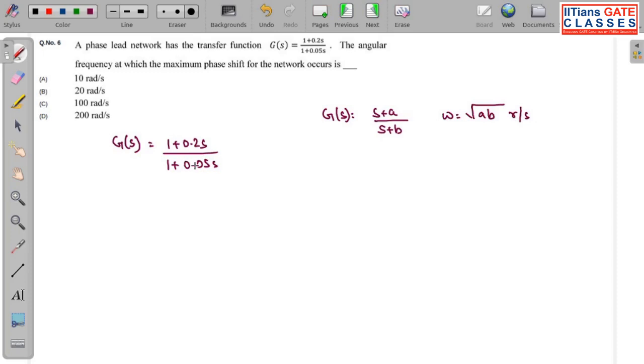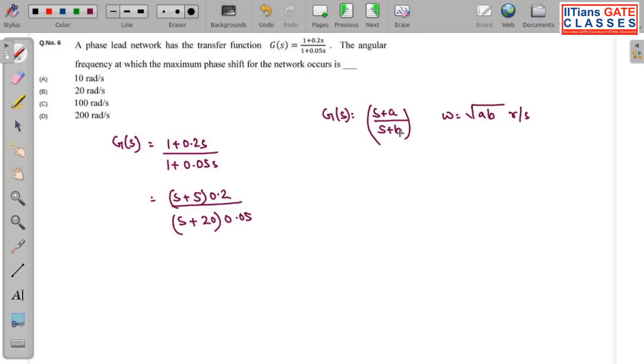So if I want to convert this transfer function into this form, what will I do? Simply I will take out 0.2 common from the numerator, so that will be s plus 5, divided by, I will take 0.05 common out of the denominator, so s plus 20. So you can see my transfer function is in this form.